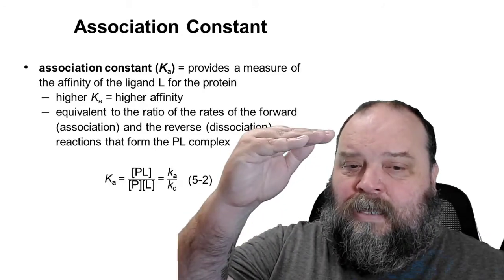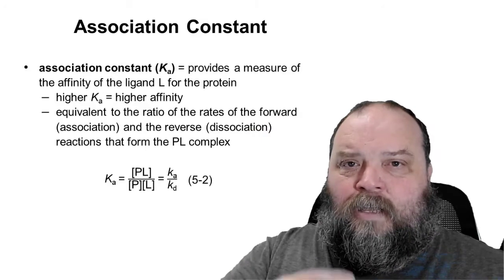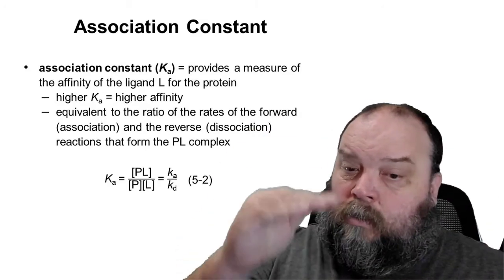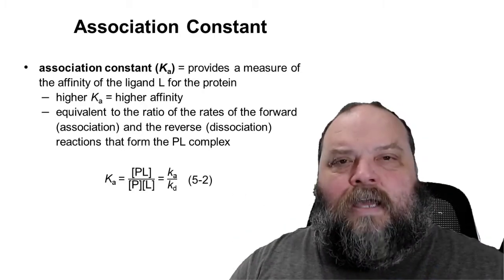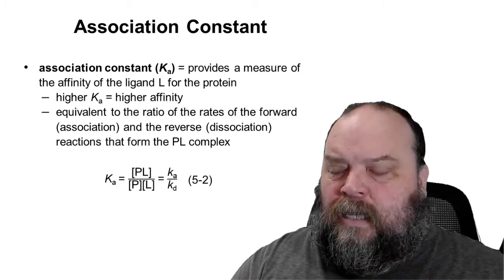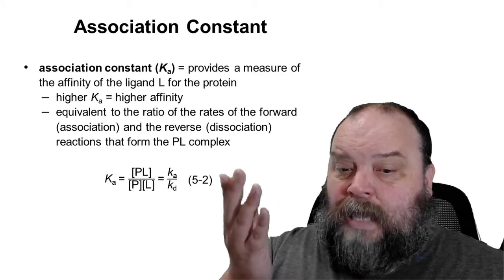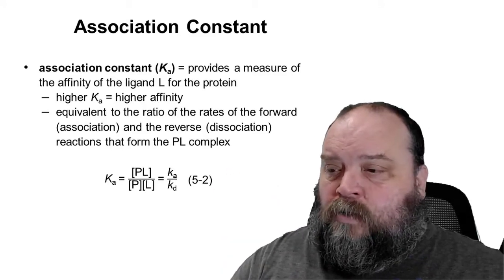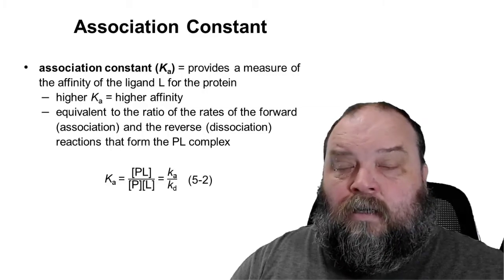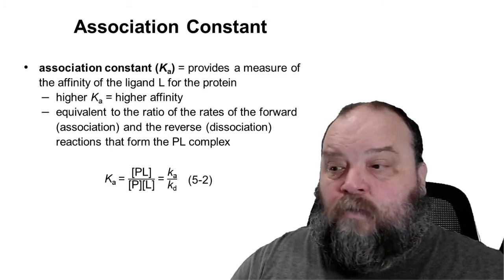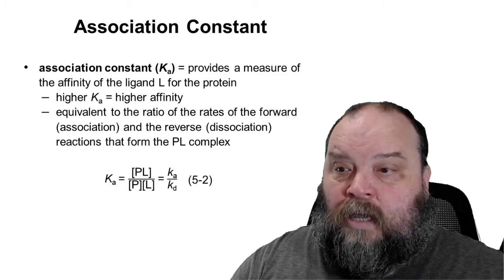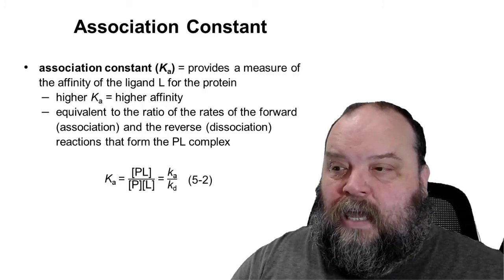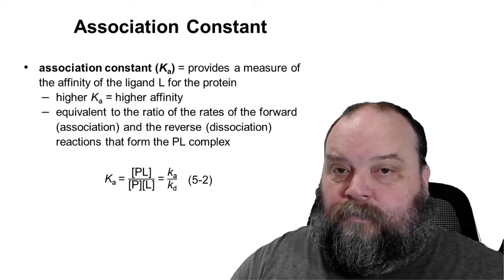The higher the Ka is, the higher the affinity, the more the protein and the ligand are drawn to each other. The lower it is, the fewer interactions you're going to have between the protein and ligand. So we set up the association constant as the concentration of PL over the concentration of P times the concentration of L.